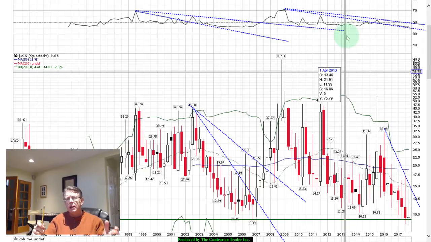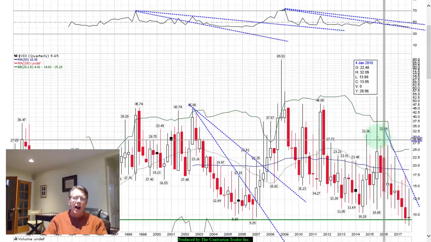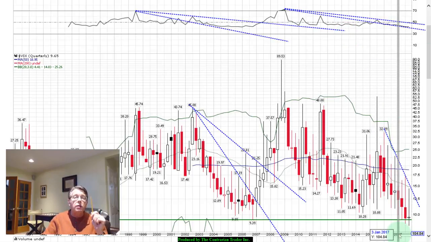What it also means is that given the fact that we have such complacency in this market, the market is susceptible to a major sell-off given a catalyst, whether it be a bank going down, a political event, or a geopolitical event with North Korea, who knows, right? The market is susceptible to a major sell-off. And remember, before I go back up to RSI, we are at all-time lows on the VIX.